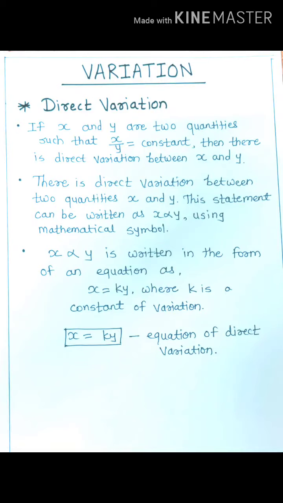Using mathematical symbols, x is directly proportional to y is written in the form of an equation as x is equal to ky, where k is the constant of variation. x is equal to ky is the equation of direct variation.